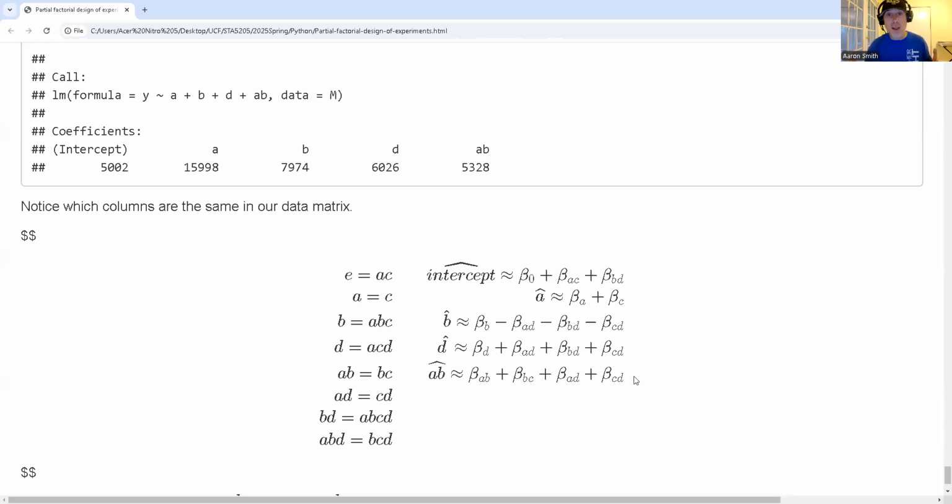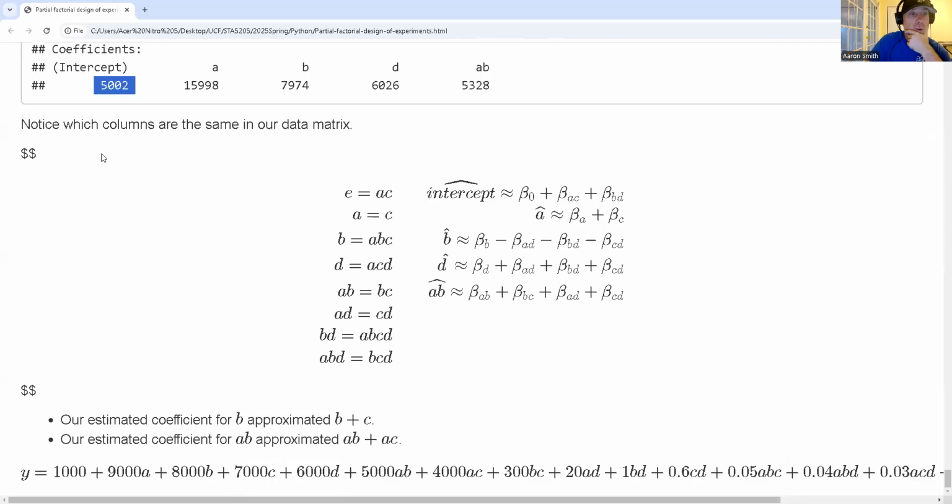All right, so this is not ideal. Notice that I have 5,002. All right, so that's my intercept. You'll notice that if I take AC plus the intercept plus BD, or is it plus 1, that's pretty close to my estimated coefficient. If I take the estimated value of A, which is almost 1,600, well, that's going to be 9 plus 7,000 approximately.